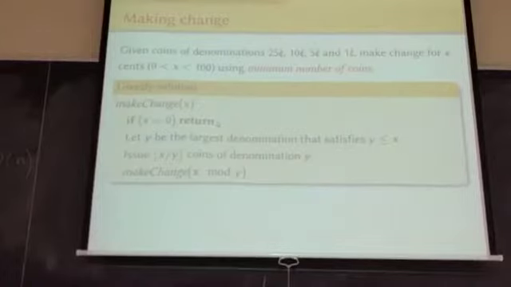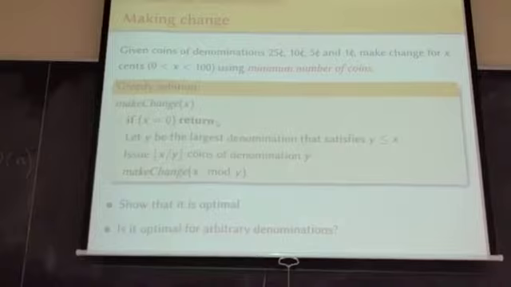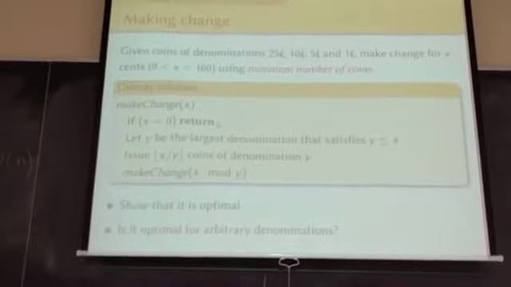Okay, so we started out with some examples like making change, and I asked you to think about the conditions under which this is optimal. Did anybody come up with a condition? Is it when the numbers are factors? Well, if you come up with a good answer, let me know. I think it is relatively easy to identify cases where it is optimal, and you can also give a sufficient condition.